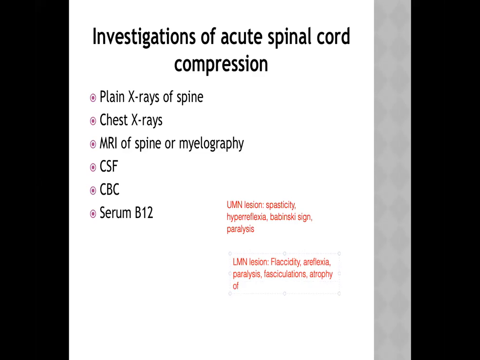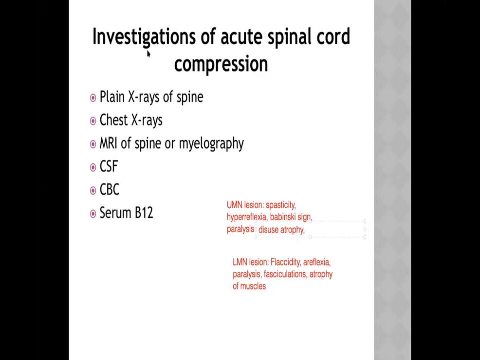Atrophy of the muscles is very pronounced in lower motor neuron lesion, whereas in upper motor neuron lesion also there will be atrophy of the muscle, but we call that disuse atrophy. So that's a slightly different term.